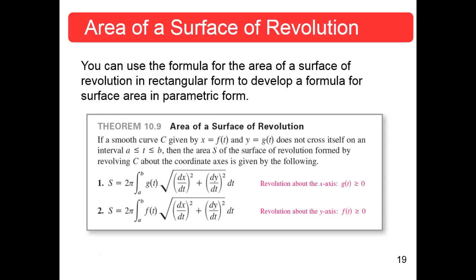So that's going to be your r then, okay? Your ds, small increment of arc length, is the same arc length formula you had before. If you're revolving around the y-axis, then your radius of revolution is going to be your x value, which is your f of t. So this keeps it all in t's.